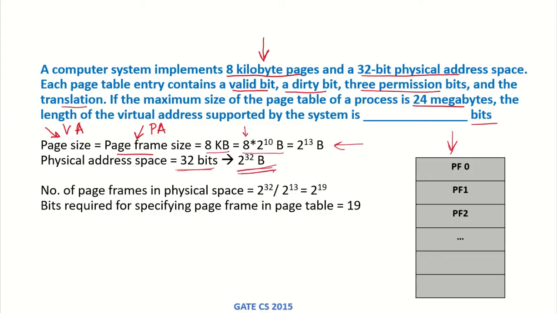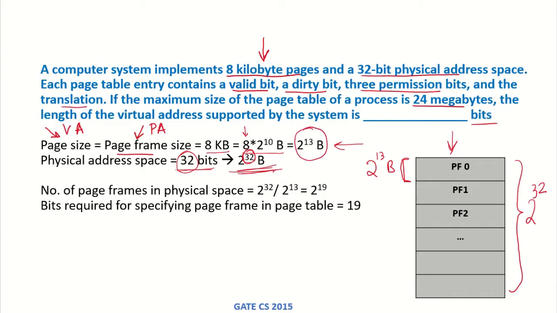This is the size of the physical address space, because then it can be represented by 32 bits. So the total space is 2 to the power of 32 bytes, and each page frame is 2 to the power of 13 bytes.